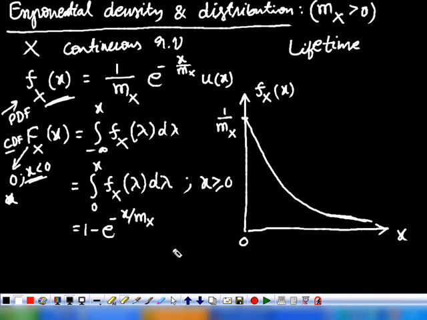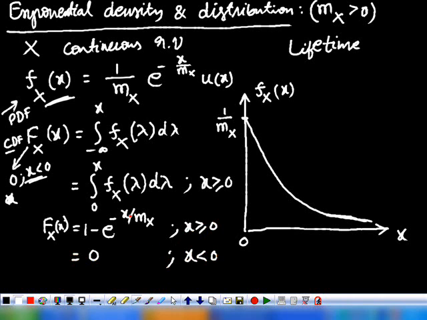See, integral of e power minus ax is e power minus ax by a. Therefore, we can write fx of x as equivalent to this much, for x greater than or equal to 0, and 0 for x less than 0.